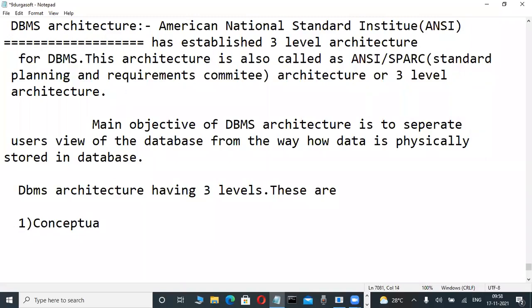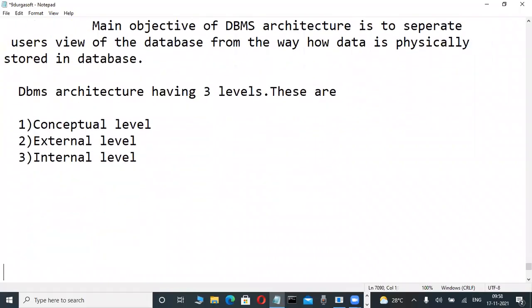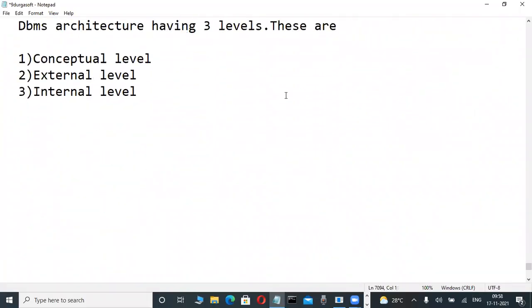What is the conceptual level? I will tell you all those theoretical things. Second one, external level. Third one, internal level. DBMS architecture has three levels: one is the conceptual level, another is the external level, and another is the internal level.